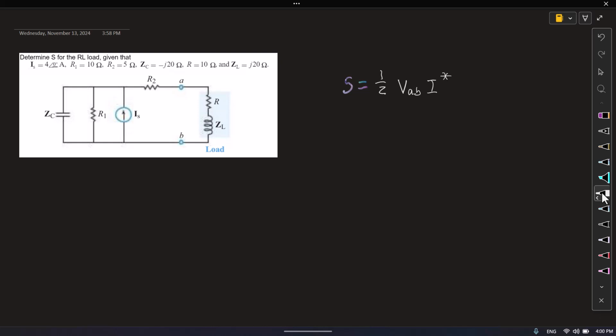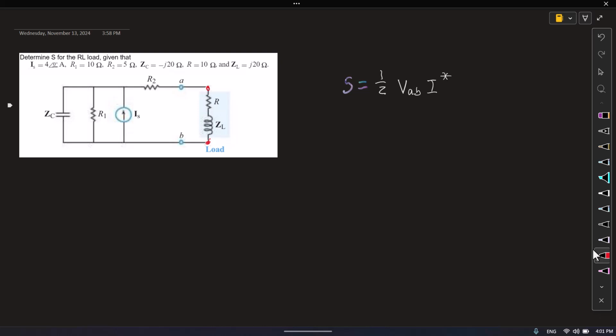So let's see. If I wanted to figure out the voltage across this, I know that I could use current division to get the current through that part, and then voltage division, and then just get the voltage once I have that current.